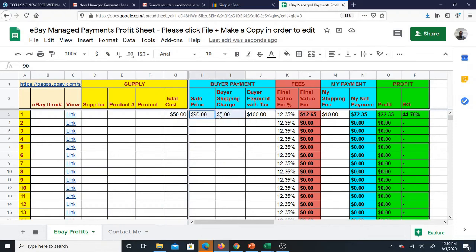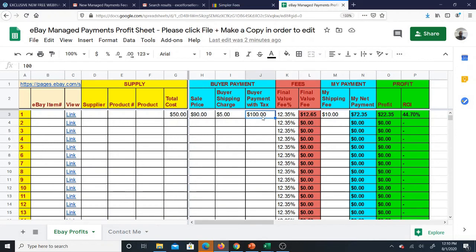So I need to go back to how things were before and how they are with managed payments. Before managed payments, the final value fee was being charged on $90 plus $5. You would have been paying a fee on the $95. That would have been your final value fee based on the $95 that you charged the buyer. And then PayPal was charging you for the tax. That was a change that they made a few months ago or so.